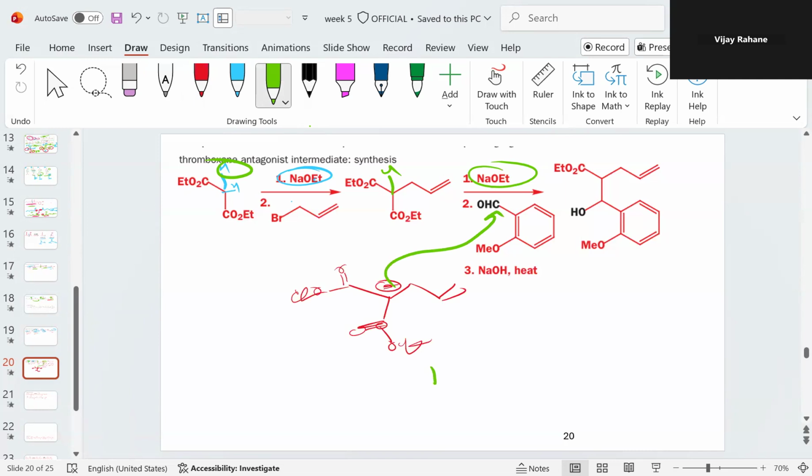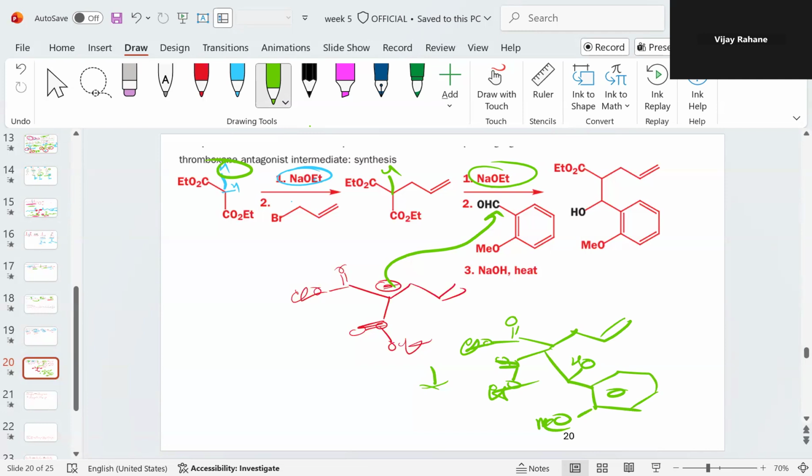And what do we get? We get C double bond O Et, another C double bond O Et, and from this aldehyde we get this hydroxy group, followed by this phenyl ring as it is with this OMe part.